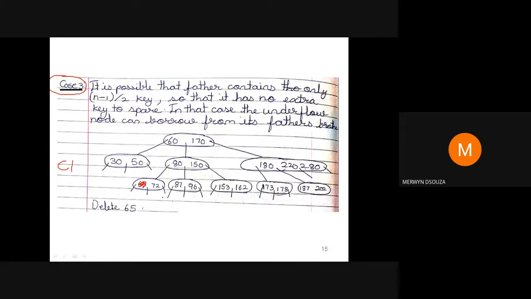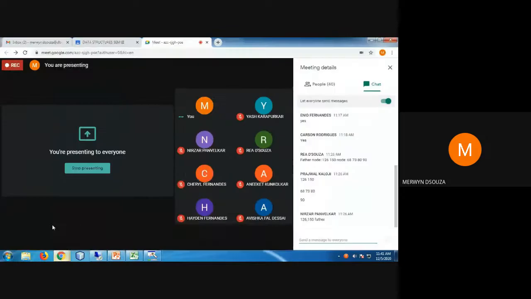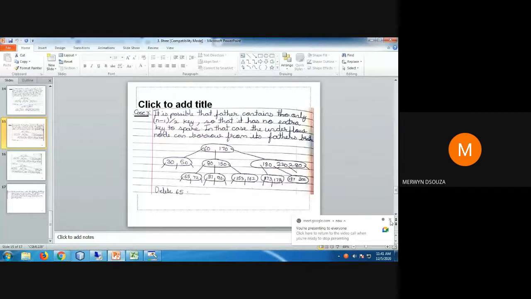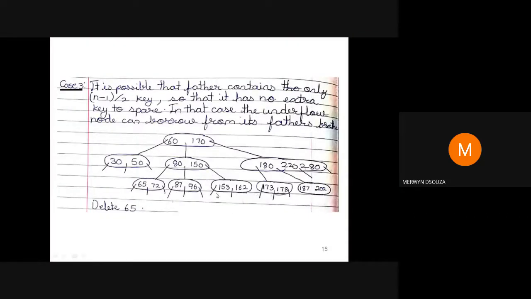If you understand the logic, then it will help you. Can anyone type and let me know why we cannot apply case 1 here? You can type in your own words. I don't expect you to remember. It's just being taught to you. Whatever you have understood, you can just tell me why we cannot apply case 1. Or can we apply?